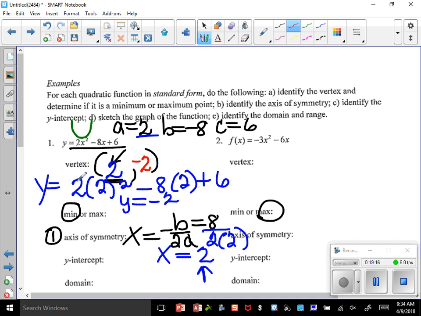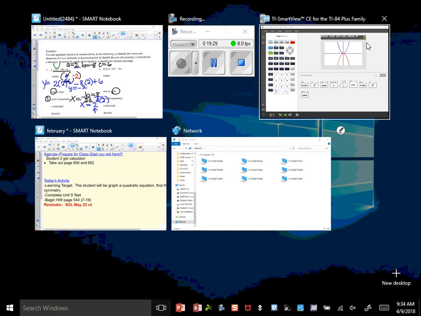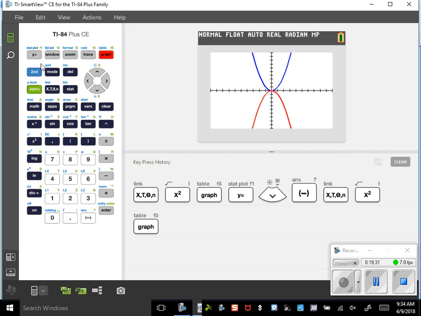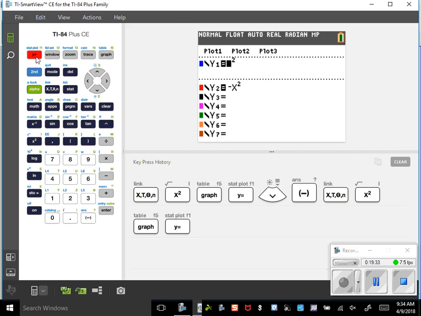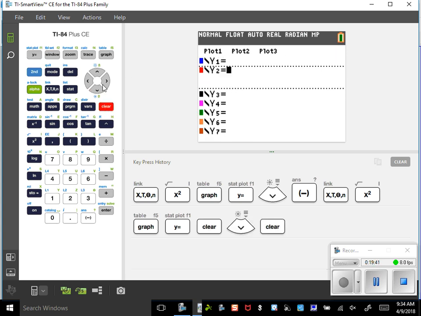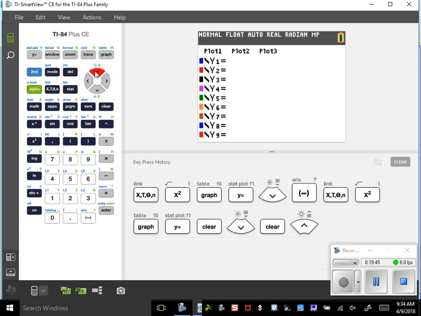Now let me show you another way you can do this. Go to your calculator and hit y equals. So you're going to have to clear out these 2 here. Clear those out, and go back to the first one and type in the problem.